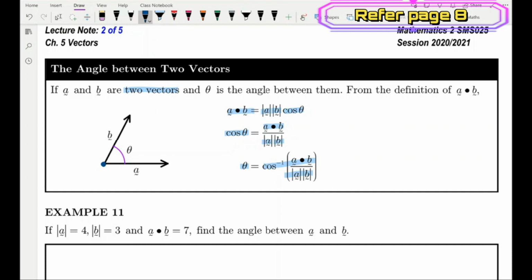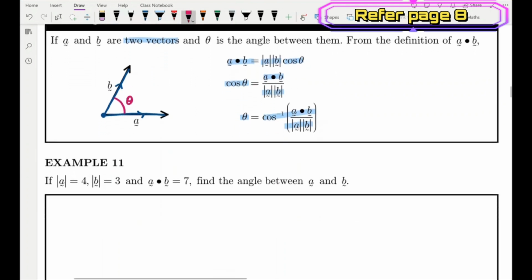So this is vector B, this one is vector A, and we can get the theta between them.